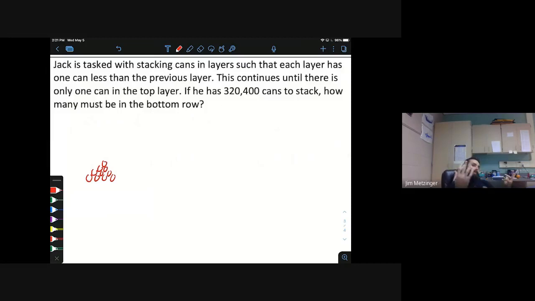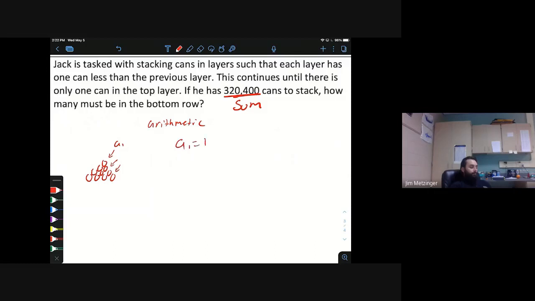What kind of series is this? Is it geometric, Ivan? It's arithmetic because I got 1 can in the first one, then I got 2 cans, and I got 3 cans. This is arithmetic. This 320,000 is the sum of cans. So we're looking at arithmetic sums. We know technically the bottom row is not going to be my A1 because I'm going to let A1 be what I know. My first row in the very tip top, so I only got 1 can.